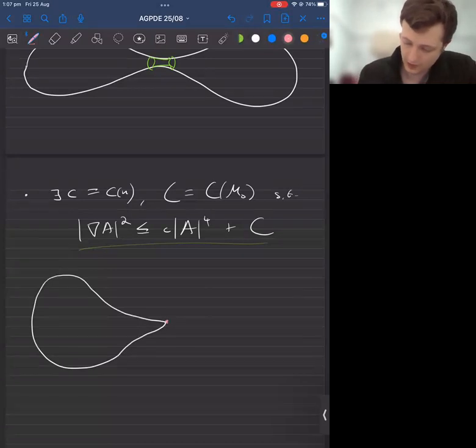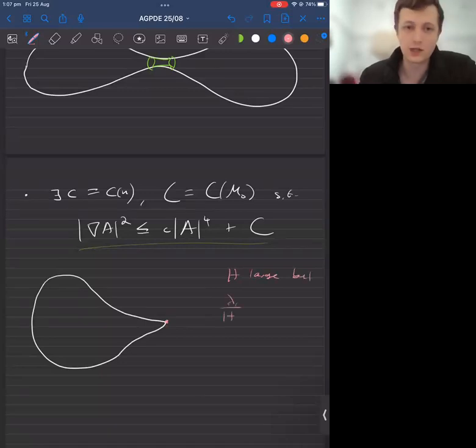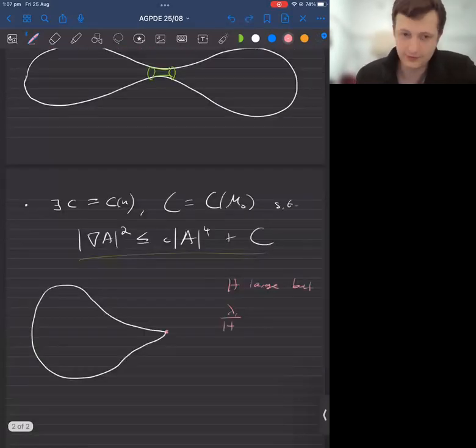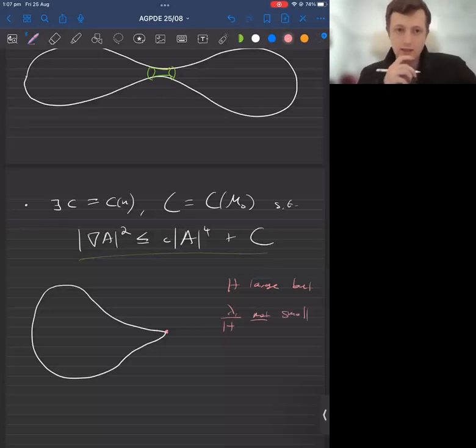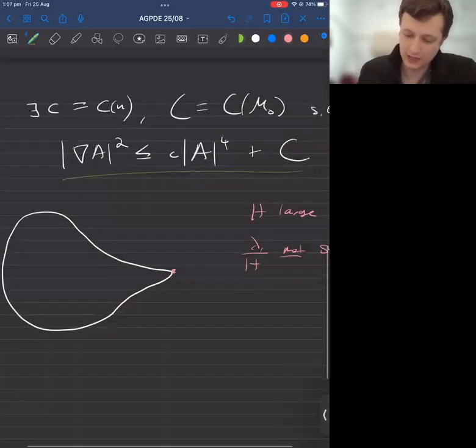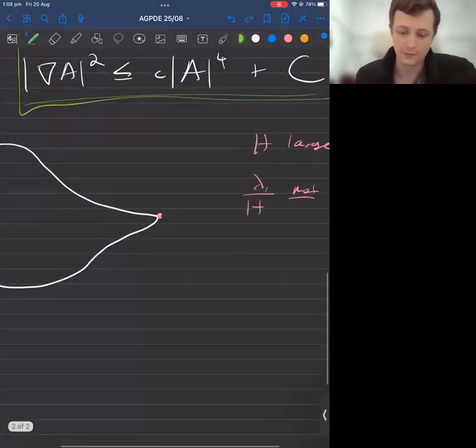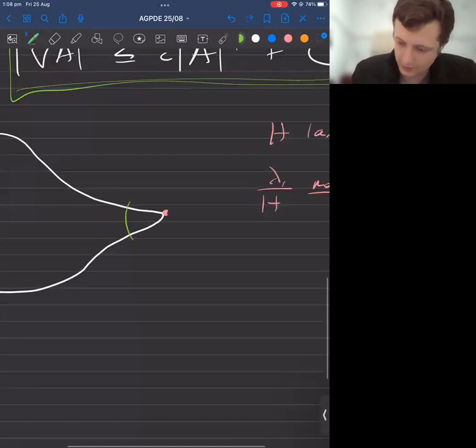You can imagine at this point, H is large, but lambda1 is still large. Here we wanted lambda1 small, but lambda1 in this situation is still going to be large, or not small. The idea is we're going to use this gradient estimate to show that in some controlled region, some controlled distance from this point, there is actually going to be a cylindrical part.